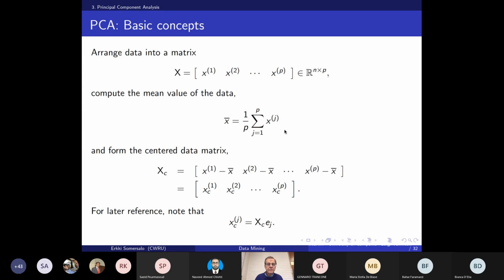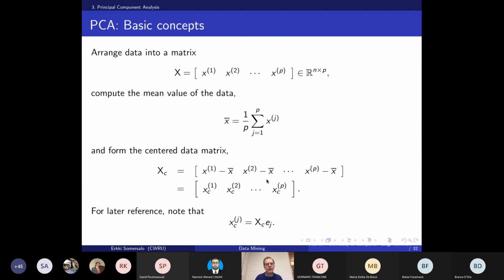Okay, so first I'm removing the mean of the data, and I will discuss later what that means and why I'm doing it and what happens if I don't. At this point, just take it as a standard operation. I'm calculating the mean value of my data vectors, which is this x bar, and then subtracting that x bar from each data vector.